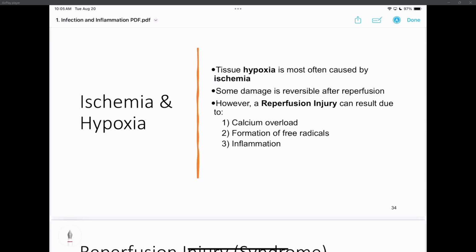But blood, we know, obviously has oxygen in it, and if you're not getting any blood to an area, those tissues are not going to have any oxygen, and they're going to start to die off. Some damage is reversible after reperfusion. That's why if you're working in the ER, they say time is brain, time is heart, time is tissue, because the faster you can reperfuse the heart or the brain from that blockage, the better you are.